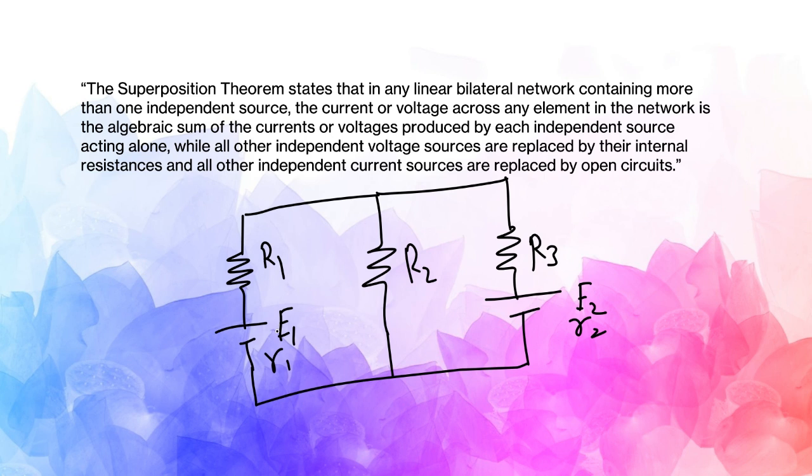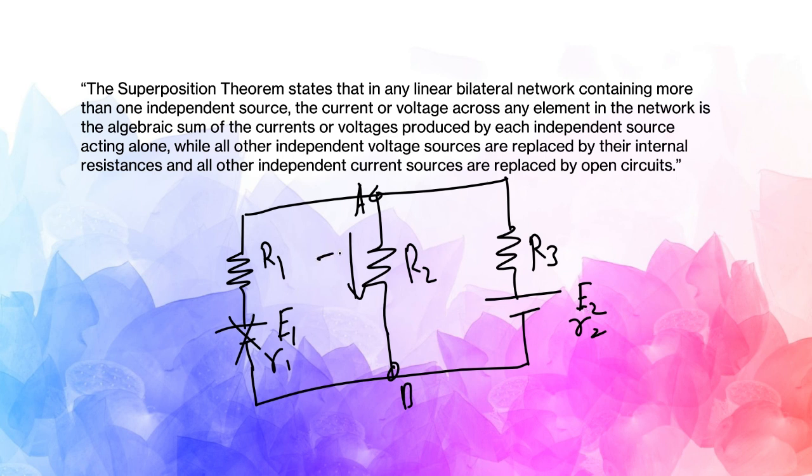What it is trying to say is that if we want to find the current through R2, which is connected between the A and B terminals, we will first replace this E1 with its internal resistance R1, and then find how much current is flowing because of E2 alone.